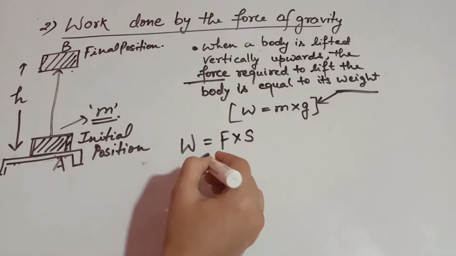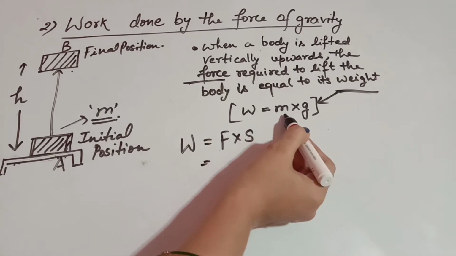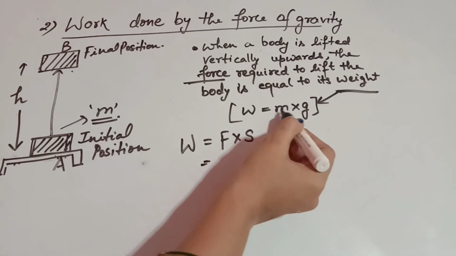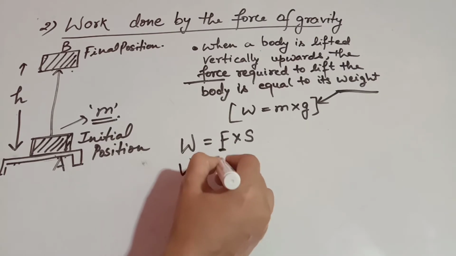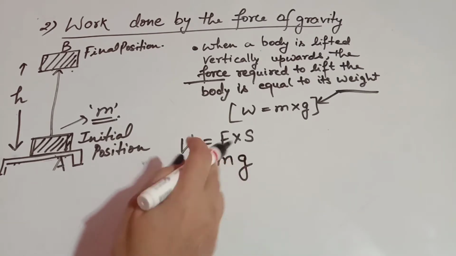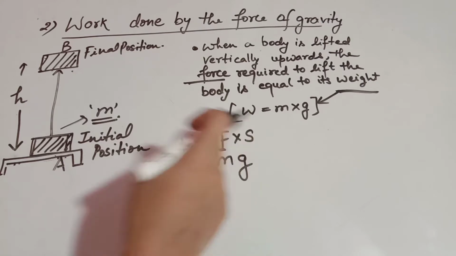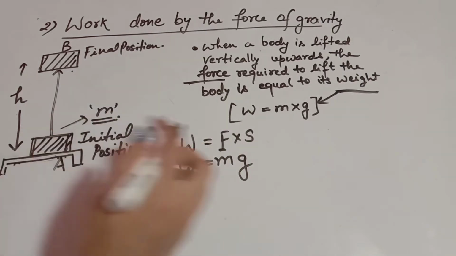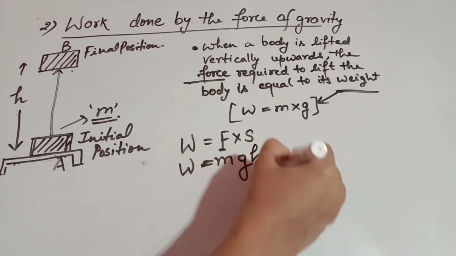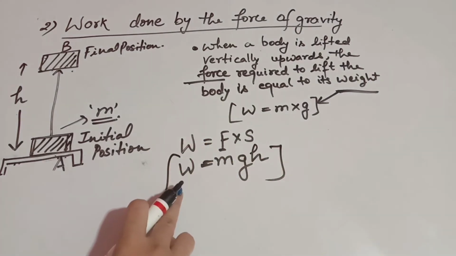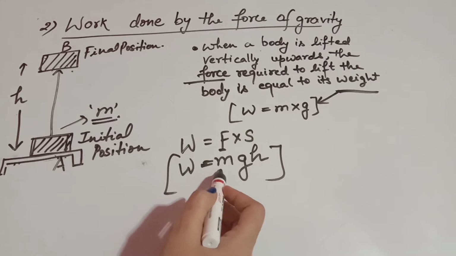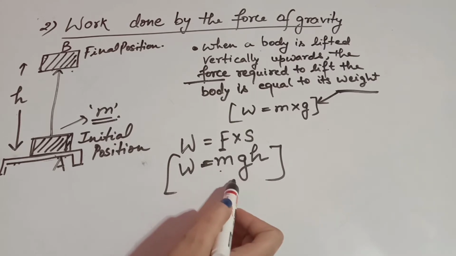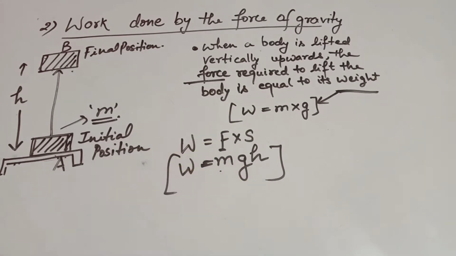In this case, the force is equal to weight, so the formula of weight, m into g, we can write in the place of F. So W is equal to mg, and in place of the displacement s we use h, that is the vertical distance. So this formula, W is equal to mgh, m into g into h, where m is the mass of the object, g is acceleration due to gravity, and h is the vertical height, the distance.